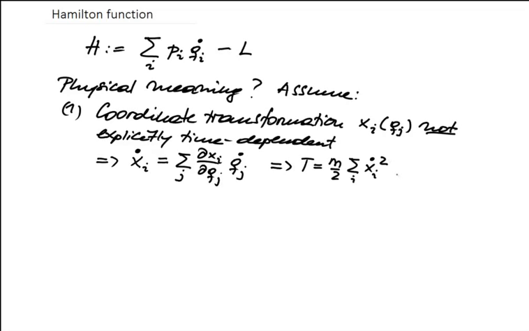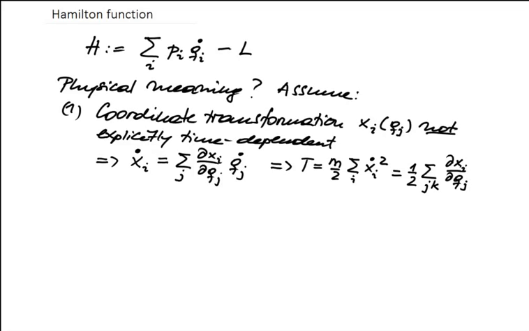So it has the form 1/2 sum over jk, and then from the first xi dot we have the partial of xi with respect to qj.